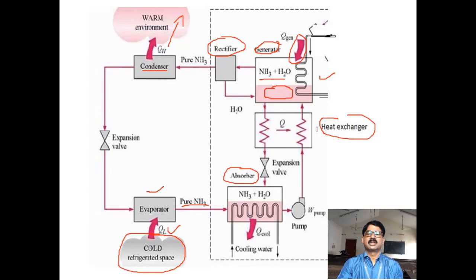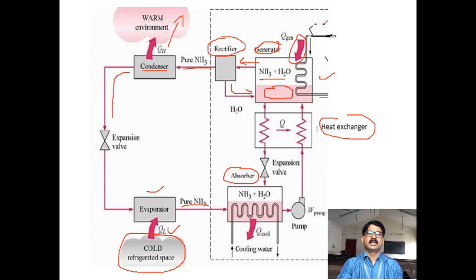So ammonia gets vaporized and along with that some traces of water may also get vaporized, and it passes through a device called a rectifier. Here in this rectifier the water vapors are cooled and condensed and supplied back to the generator, and pure ammonia vapor passes to the condenser wherein it rejects its heat to the warm environment and gets condensed.